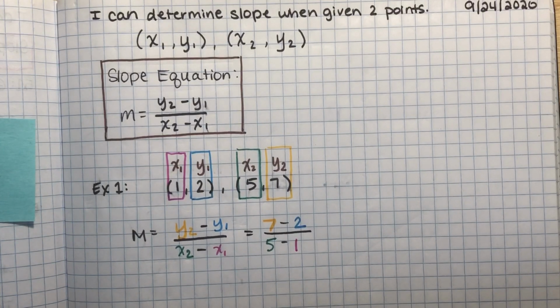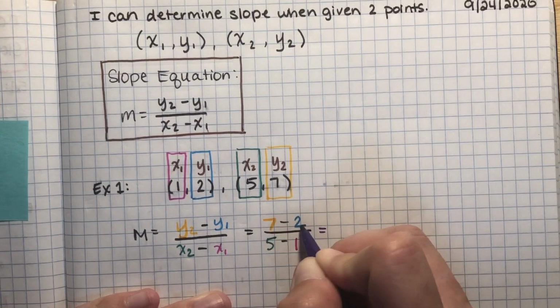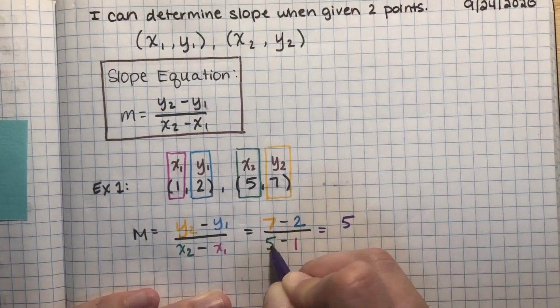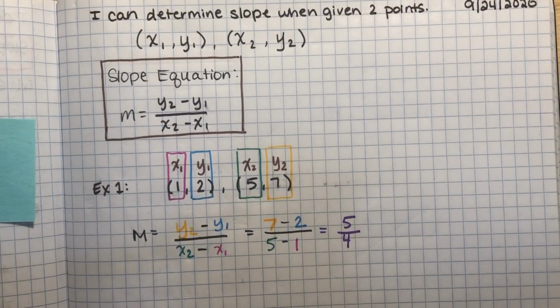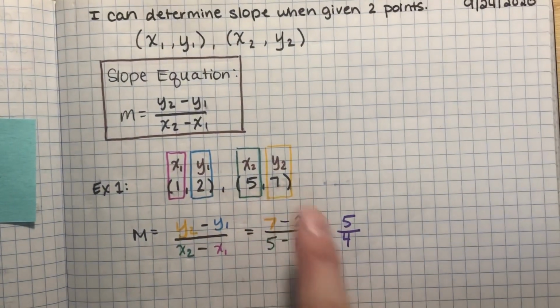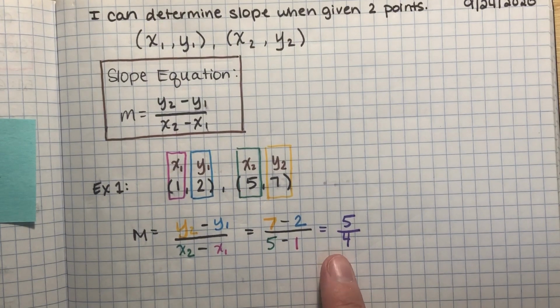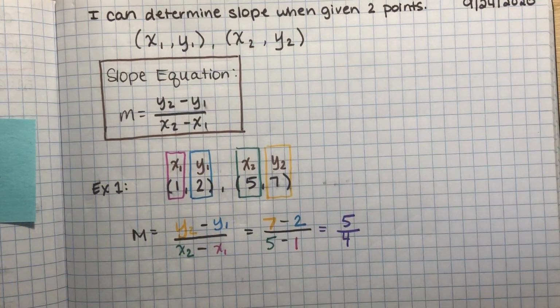Then from here we can just solve. 7 minus 2 gives us 5. 5 minus 1 gives us 4. So in this case, the slope between these 2 points is 5 over 4. We're rising up 5, we're running over 4.